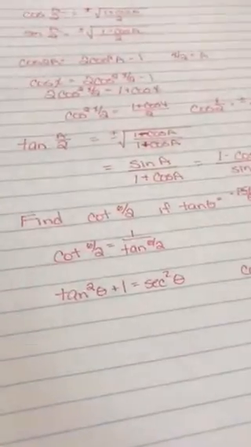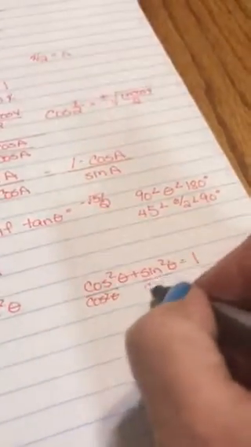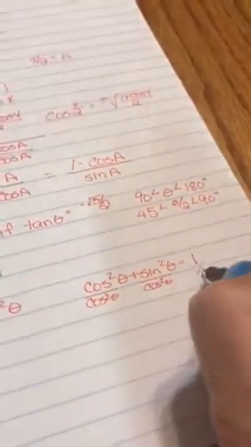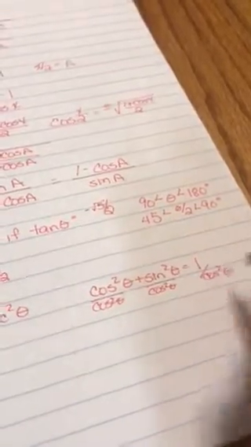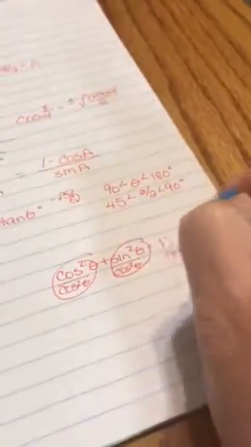Tangent is sine divided by cosine. So over here, I need to divide everything by cosine squared theta so that I can get tangent. So there's my tangent, there's my 1, and there's my secant squared theta.